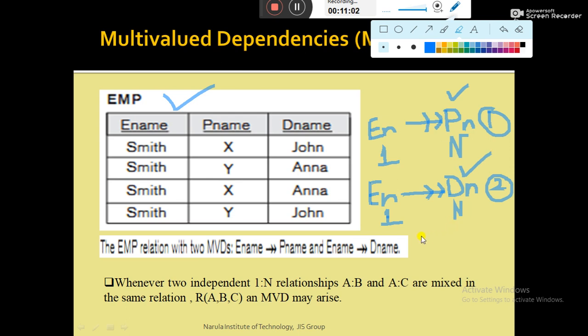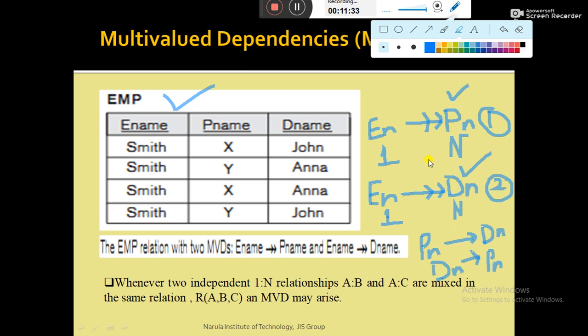Means pn and dn are not dependent. They are not related in that fashion, pn arrow dn or dn arrow pn.